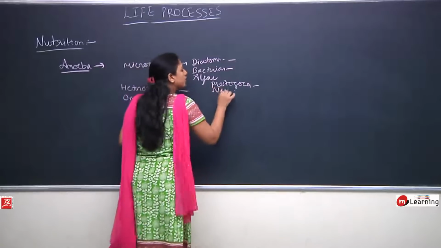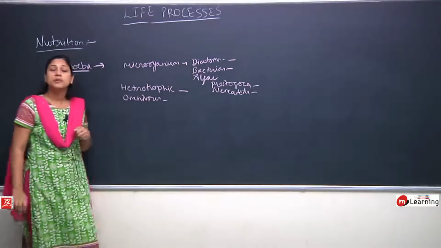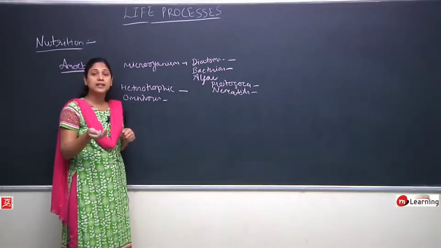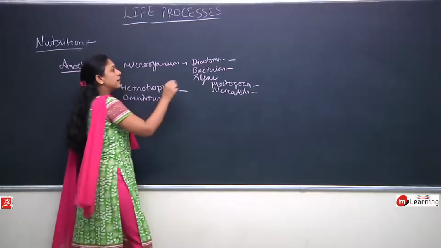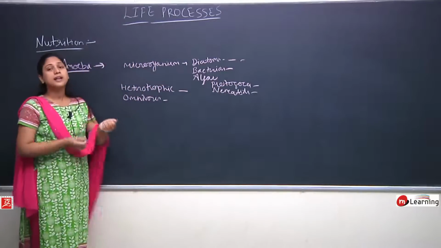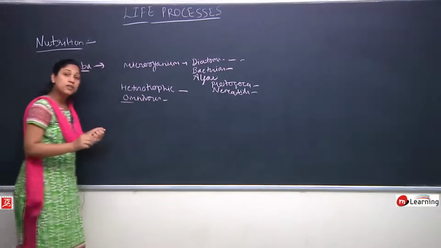Nematodes are what? These are one of the phyla, Nematoda, and nematodes are from the animal kingdom. So in this way the amoeba eats up the plant source also, the algae also, the protozoa and the animal. So it is called omnivorous.